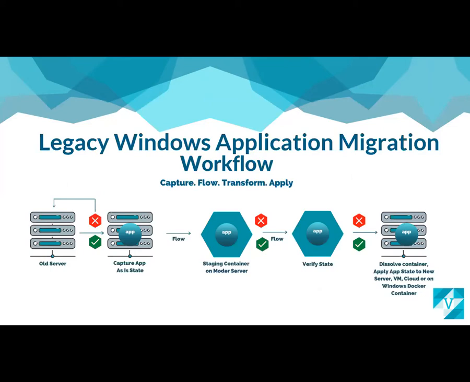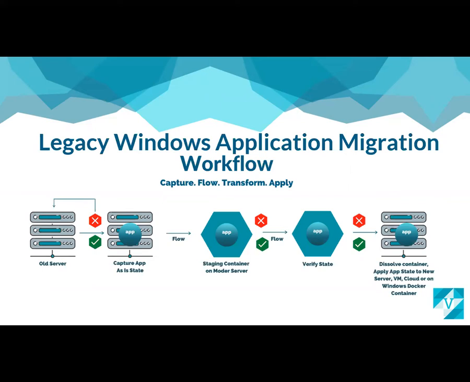And during the course of this verification, we've not had any interruption to the old server, and the business application is still up and running and there is no interruption. So we complete that verify state and we get sign off from the business that the application is now running in the container as it was running on the old operating system.